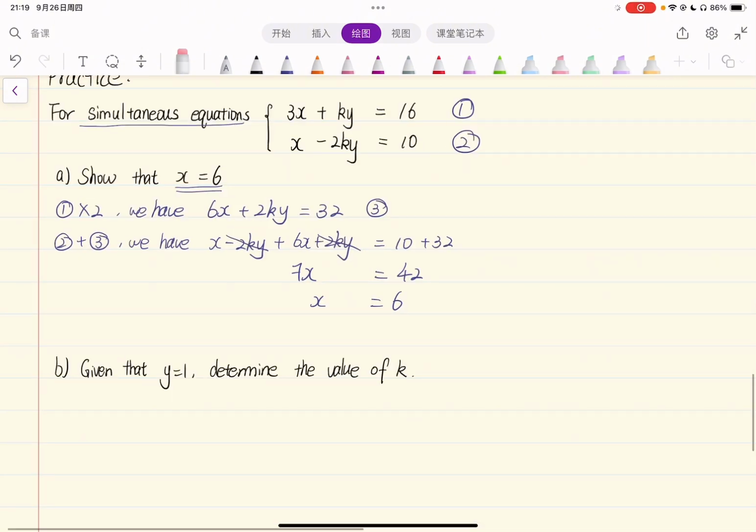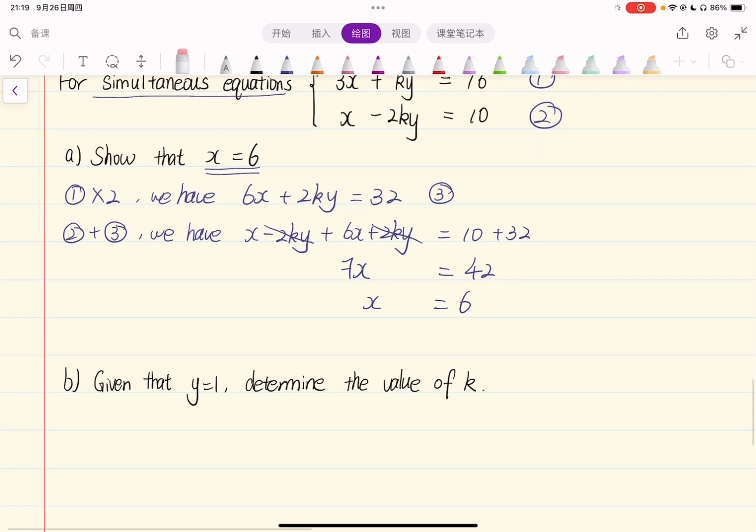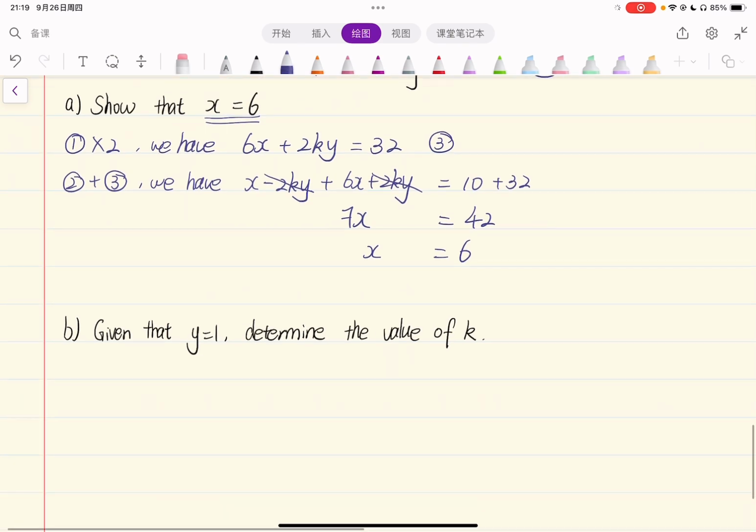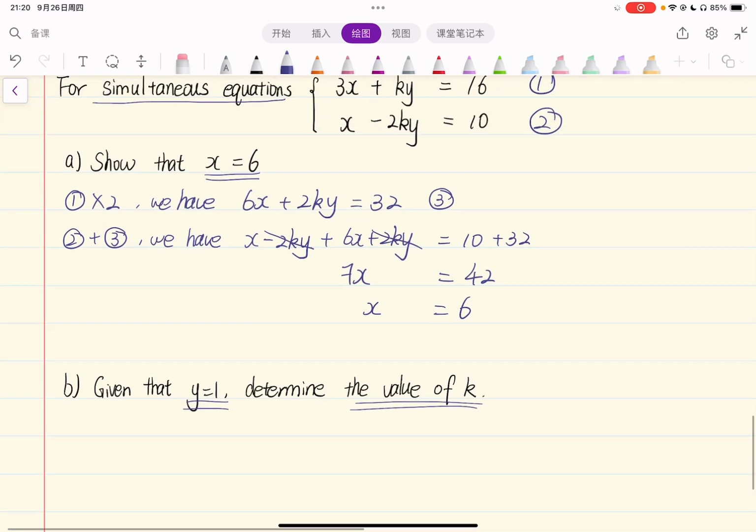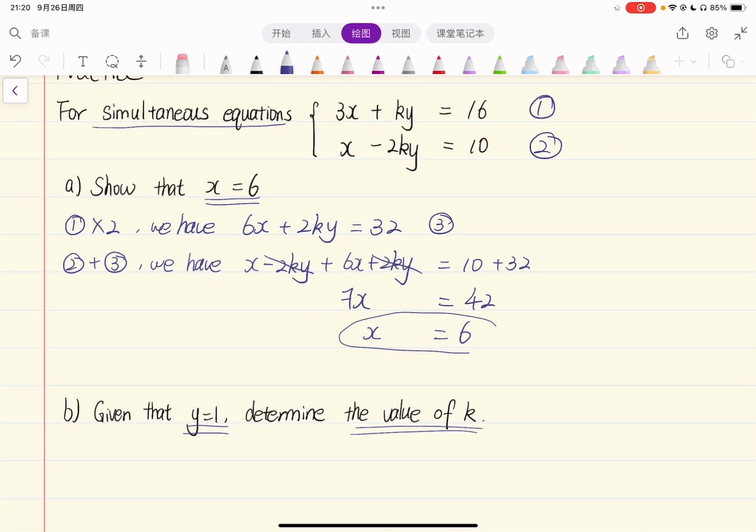Now let's move on to part B. For part B, it says that given that y equals 1, determine the value of k. From the previous question, we get the value of x, but you can notice that we didn't use the value of k, which means k does not affect the value of x.